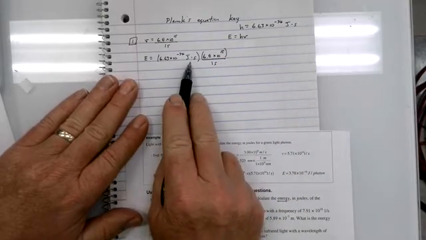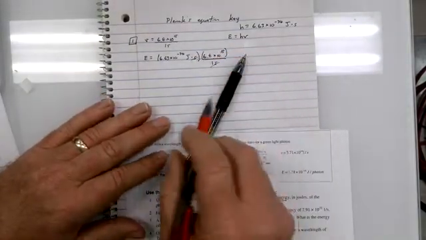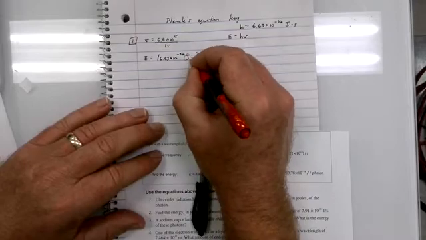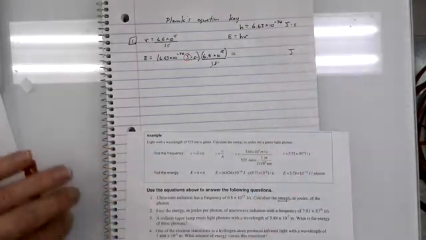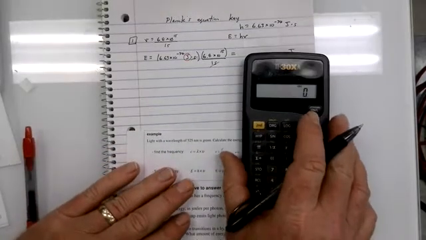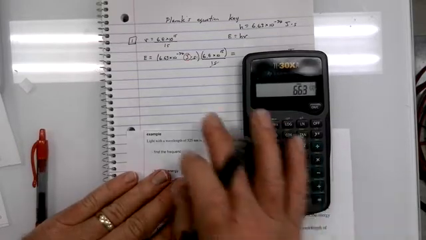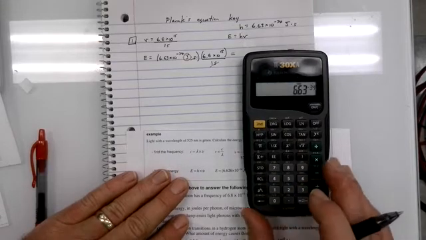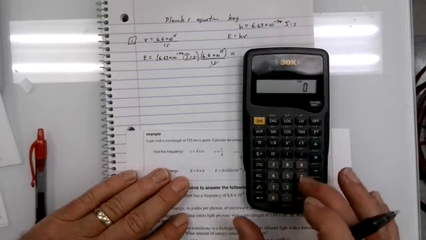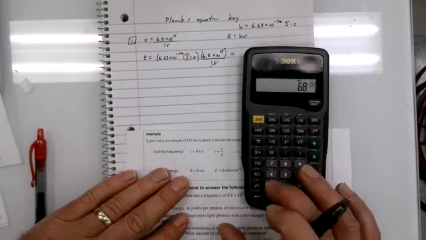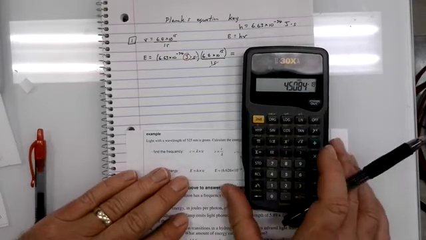So notice we have seconds on the top, seconds on the bottom, so seconds are going to cancel. The only unit we have left is joules, so our answer is going to be in joules. So it becomes a calculator issue, plugging things in correctly. 6.63 times 10 to the negative 34th multiplied by 6.8 times 10 to the 15th, and we get 4.50 times 10 to the negative 18th.